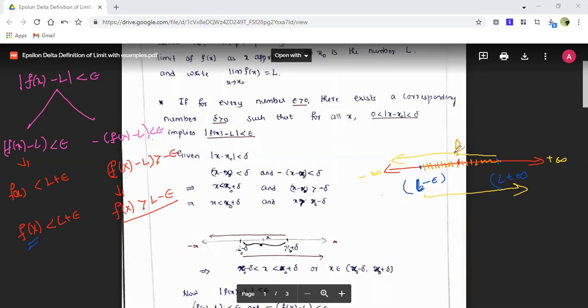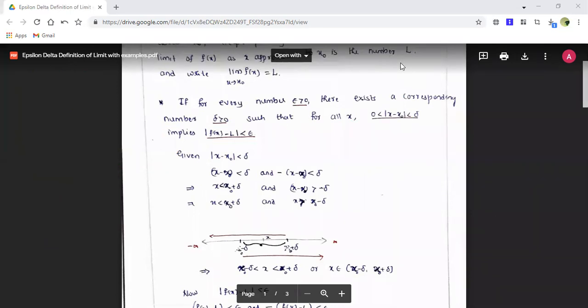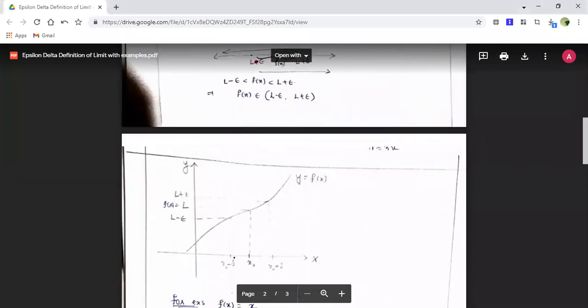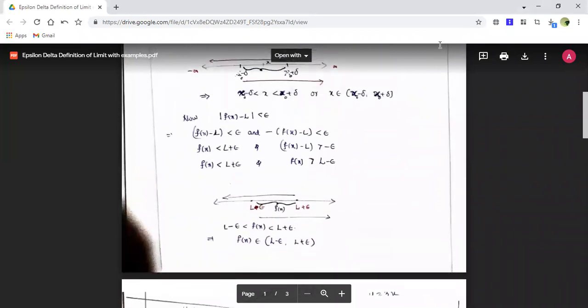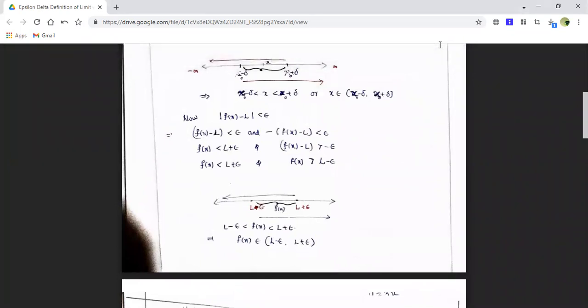Again, this implies your f of x lies somewhere in between these two, between L minus epsilon and L plus epsilon. In other words, f of x belongs to the open interval L minus epsilon, L plus epsilon. So from the above two discussions, it is clear that x is lying between x naught minus delta and x naught plus delta, whereas f of x will be lying between L minus epsilon and L plus epsilon.